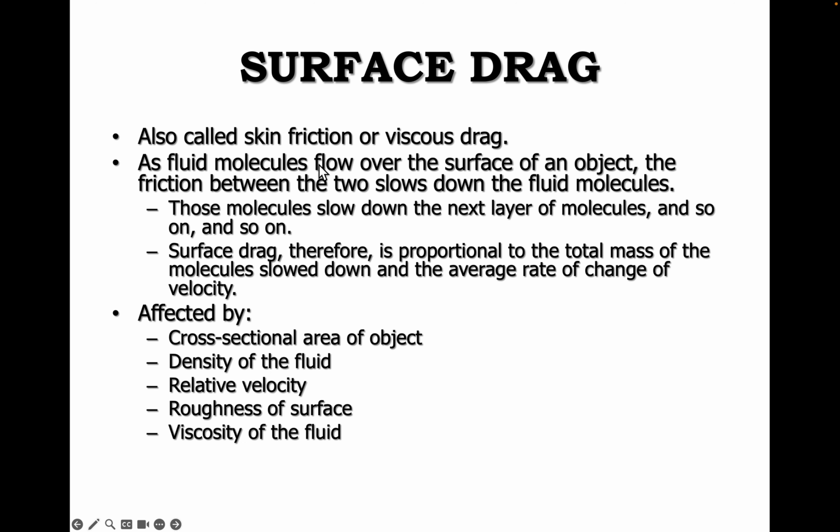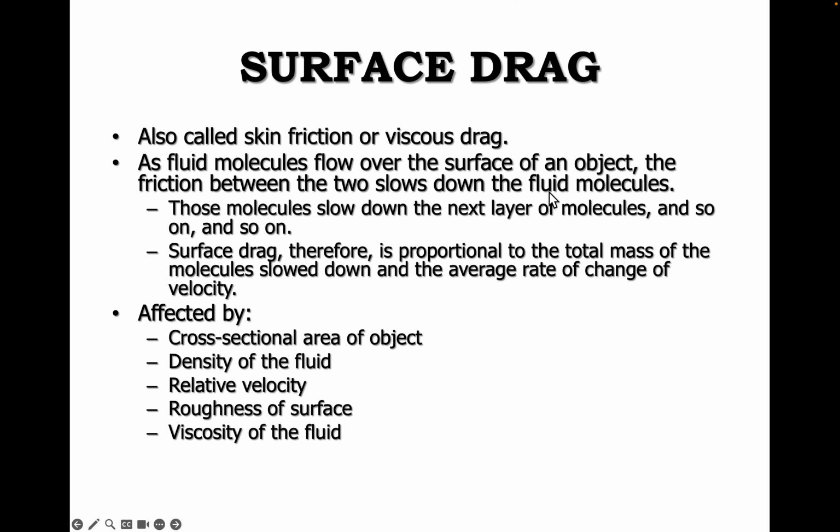Surface drag is otherwise known as skin friction or viscous drag, kind of similar to what we talked about previously. What surface drag is: as fluid molecules flow over the surface of the object, the friction between the surface of the object and those fluid molecules slows down those fluid molecules.